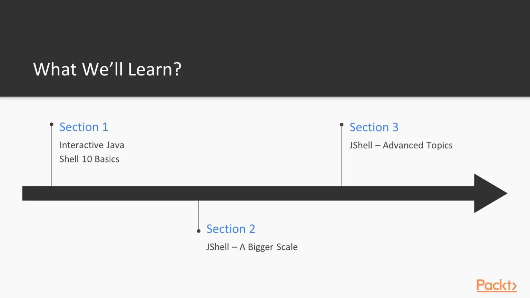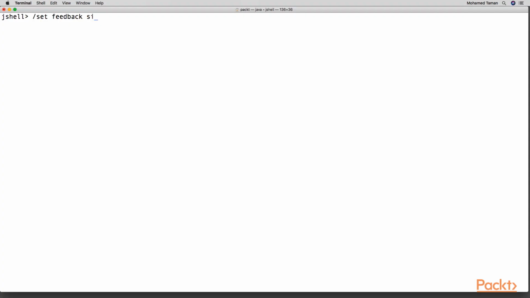While in the third and final section, JShell 10 Advanced Topics, we will deep dive to explore more advanced features by playing with modules in JShell, using external editors to edit our snippets, getting a summary of most of the JShell commands, and more exciting, how to use the JDK internal API to develop an application to execute Java code like a Unix shell script.